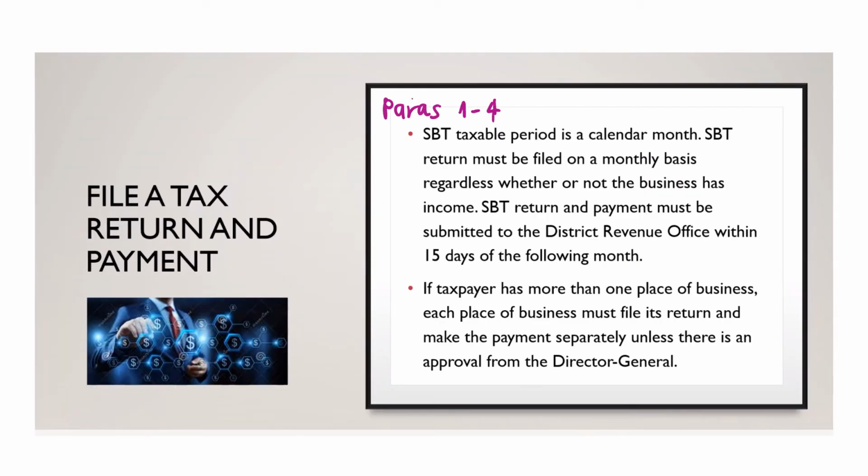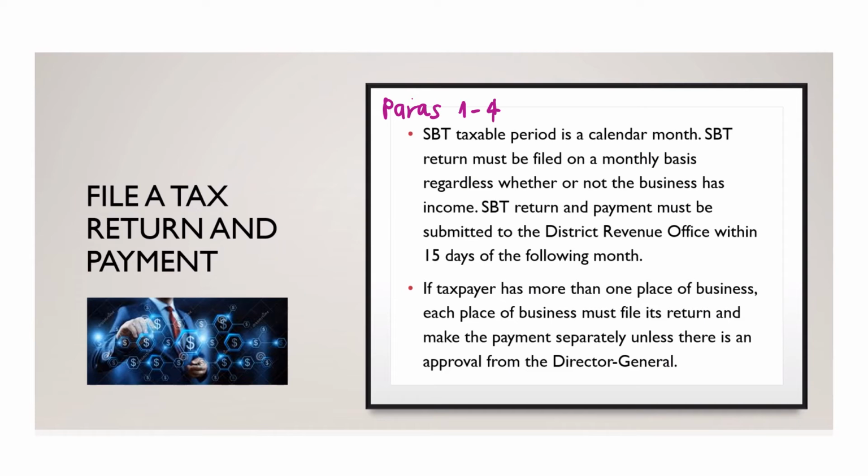After you calculate your specific business tax, your next duty is to file a specific business tax return and make a payment to the Revenue Department. The key principle is that the taxable period of specific business tax is on a monthly basis, or the taxable period is a calendar month.